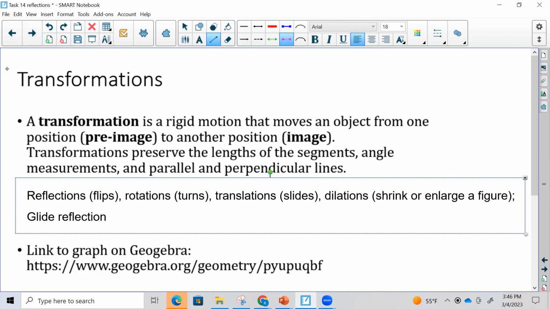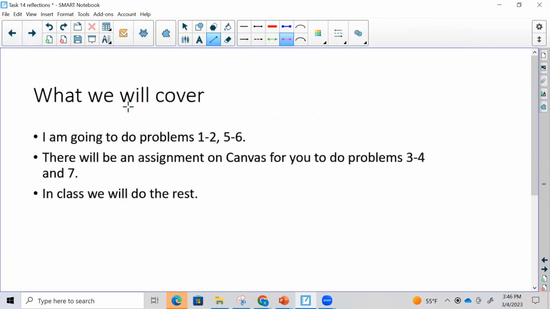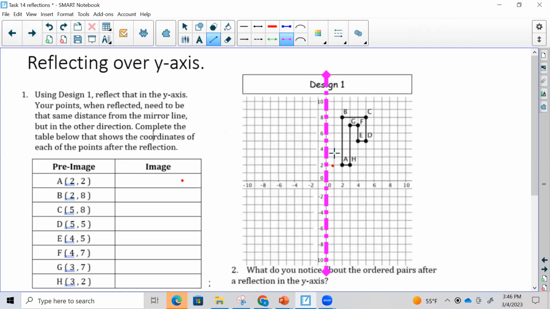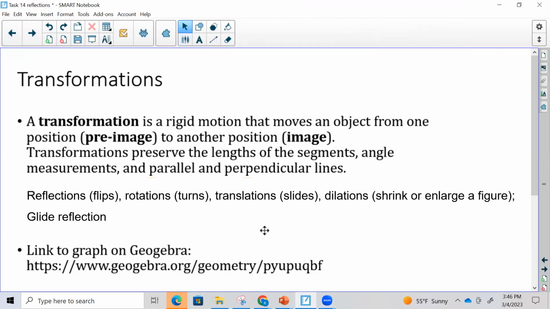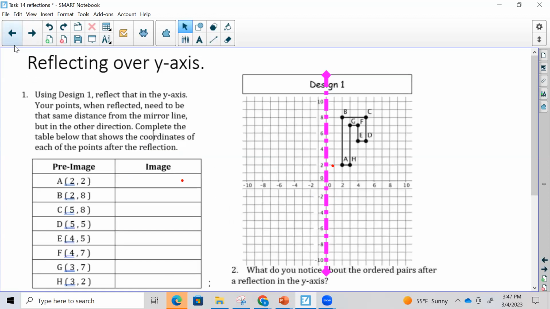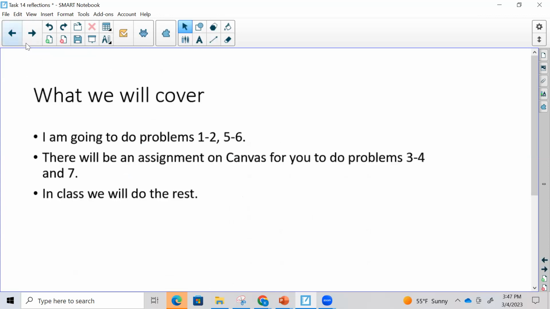So we are going to use this graph here for pretty much all of these problems. If you are someone who wants to do it on the computer and not paper, I have a link to it on GeoGebra. You could type this link into your browser and it will come up with this picture, and then you could do it on your computer instead of on paper.